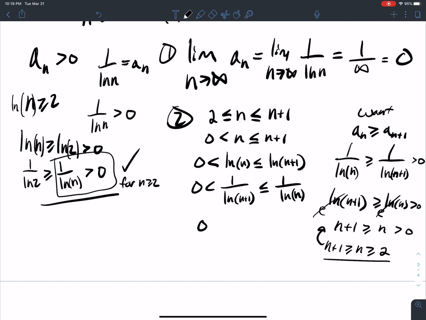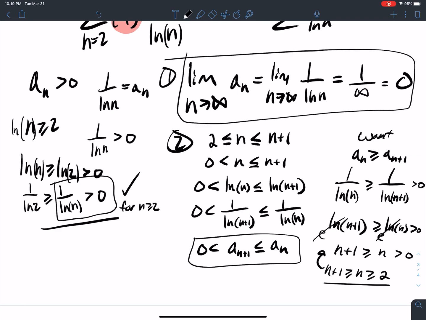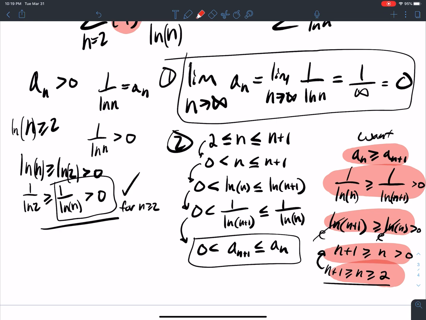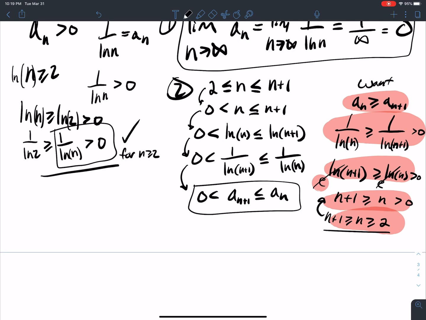And this is what I want. an plus 1 less than or equal to an. Okay? This is what I'm looking for right here. So you see how we just went line by line by line, the opposite of what my scratch work was, right? So instead of exponentiating both sides, we took a ln, okay, it's the opposite function.